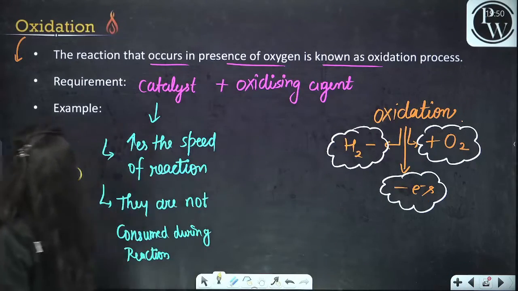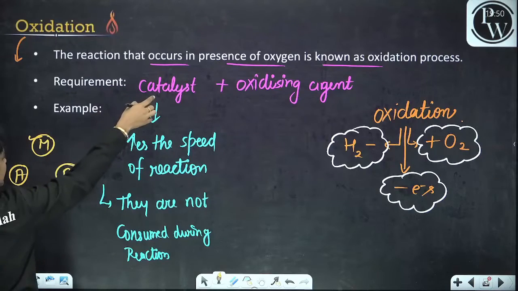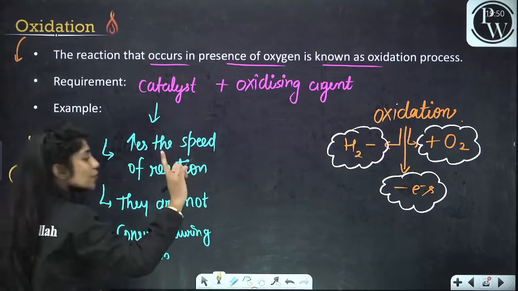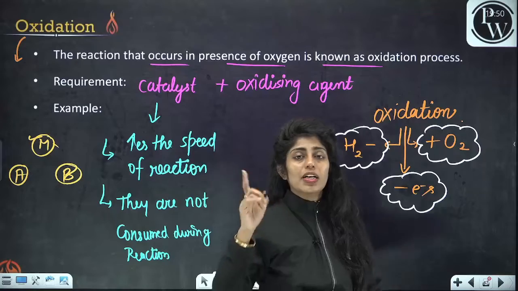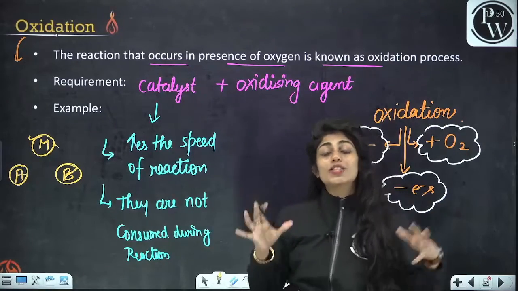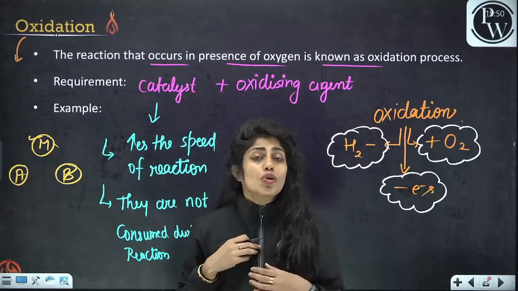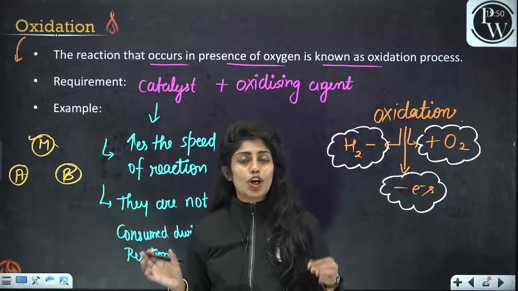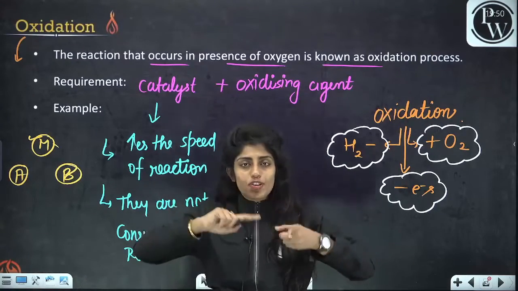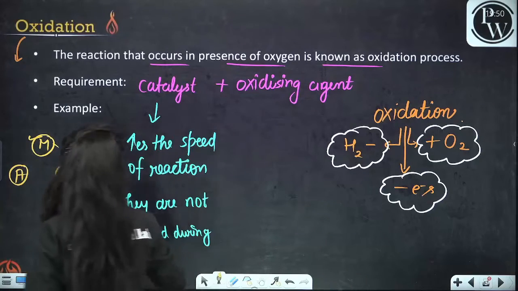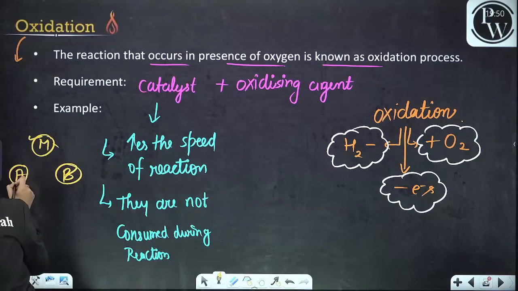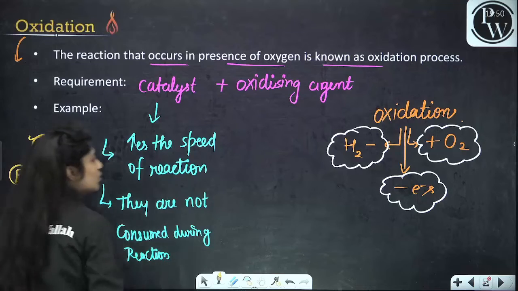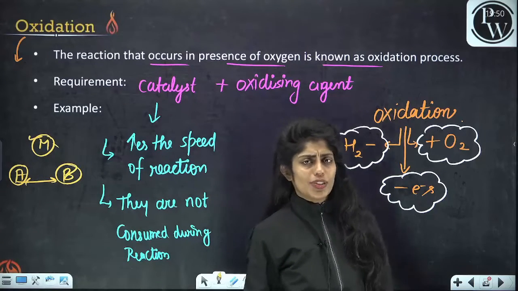So now this M is nothing but the catalyst. He has nothing to do with the stuff you both are having, A and B, but yes, he is going to settle them up. So M is the catalyst, increasing the rate of reaction, and also not consumed during the reaction because he has no problem with A and B both. Are we good? So that's your catalyst.